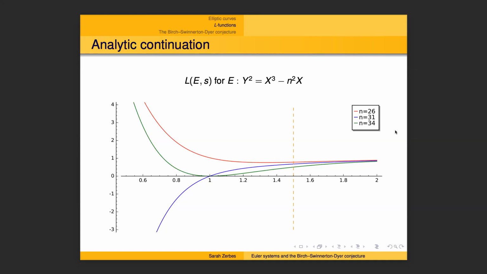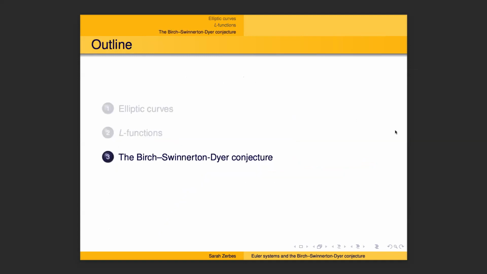So what do we have? We have three elliptic curves of ranks 0, 1, and 2, respectively. And we have the L functions, which at the point S equals 1, have orders of vanishing 0, 1, and 2. Well, that is not a coincidence. That is the celebrated conjecture of Birch and Swinnerton-Dyer.